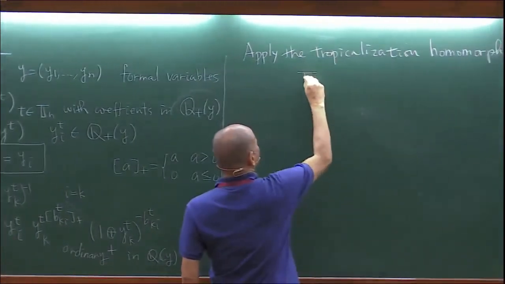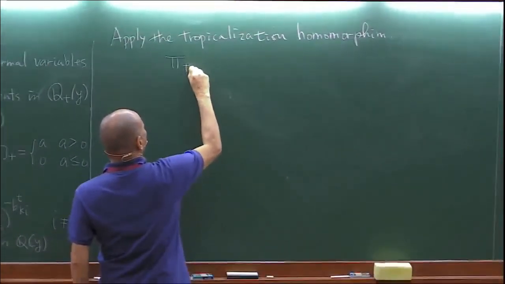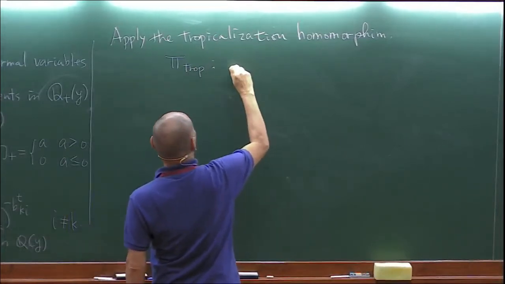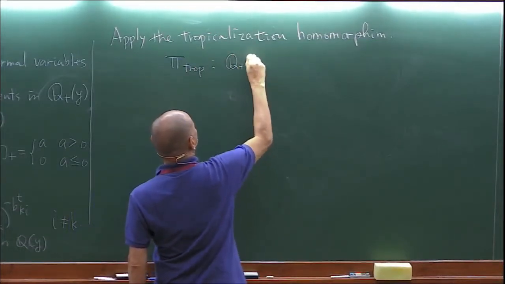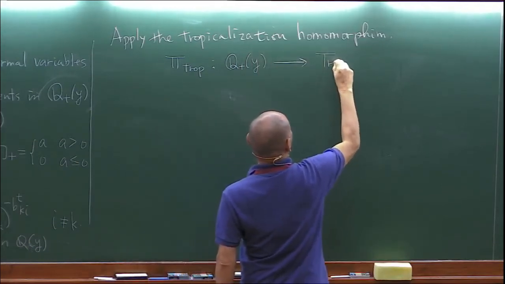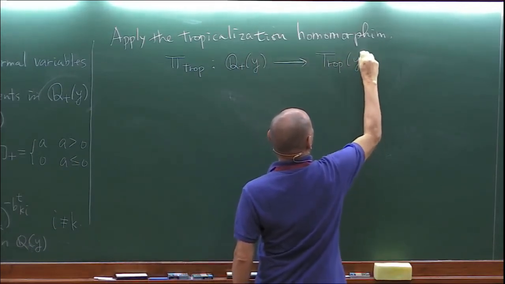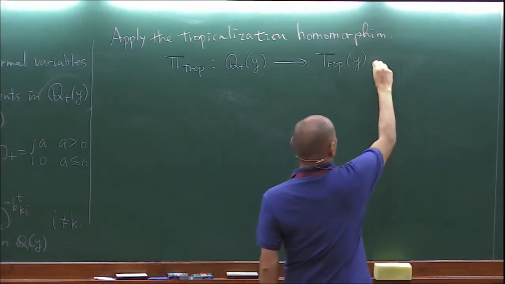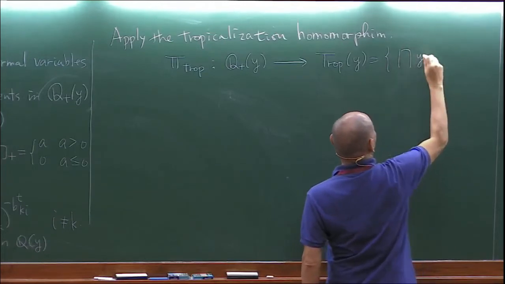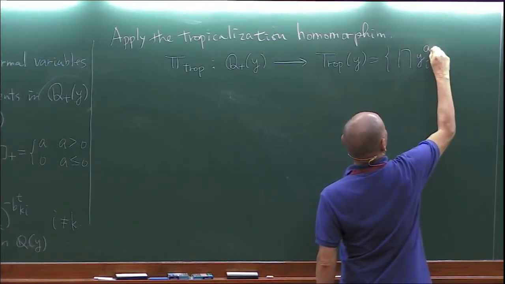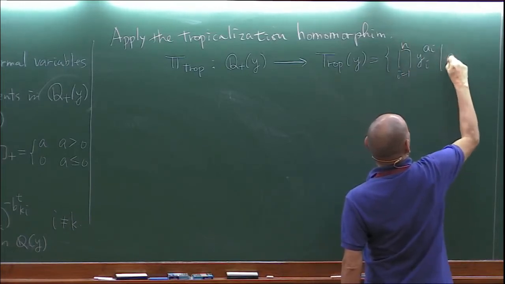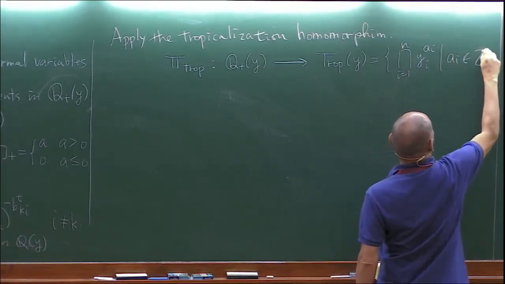Let me recall what a tropicalization homomorphism is. It is a map from this universal semifield to a tropical semifield, which consists of Laurent monomials like this, where the a_i are integers.